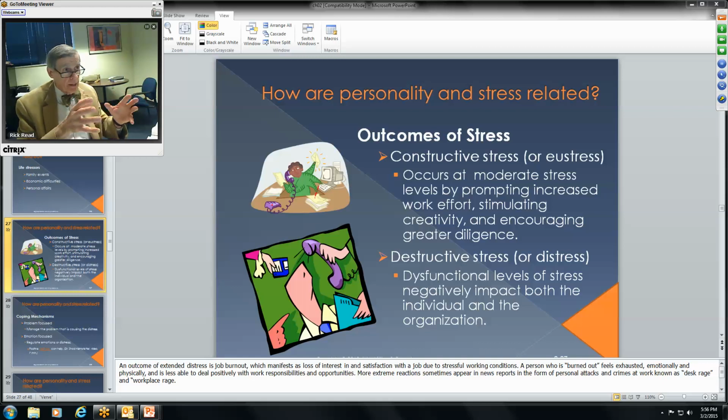The destructive stress, or distress, you really don't have any control over. And of course, people can put stress on themselves, and then they go on rampages. We know about that. We know about the people who've gone back to their employers and shot people, and we had the term that came into the language, where the post office had something about people going postal.